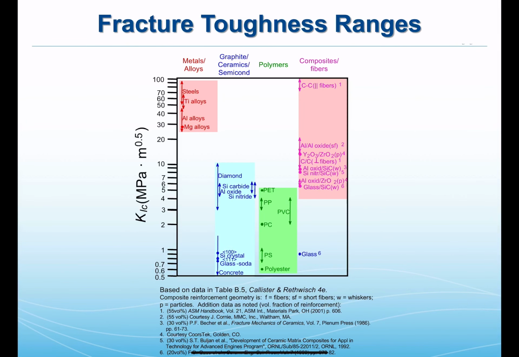Okay, and so here you see some values. We saw some on the previous table, and just kind of better rank them if you want. So the higher you are up here, the more fracture toughness you have. And so steels, alloys tend to be the most resistant to crack propagation. Some composites and fibers are competitive.